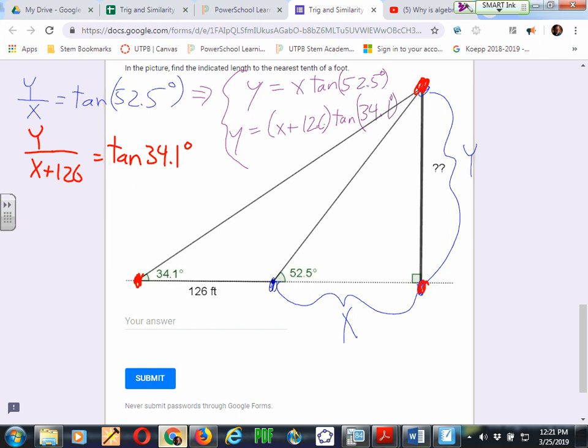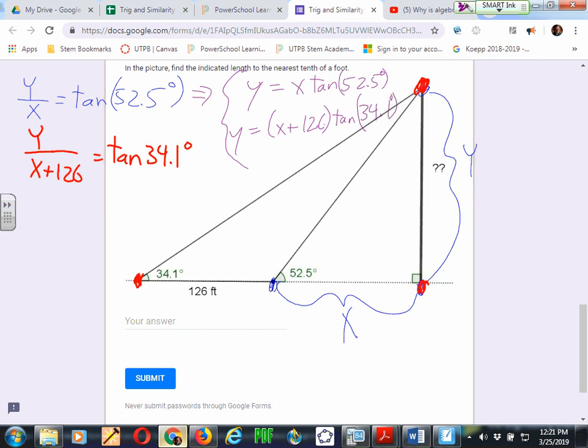If I distribute, the slope is the tangent of 34.1, and the y-intercept is going to be 126 times the tangent of 34.1. I don't need to worry about that, but the bottom line is the only unknown on the right-hand side is x. This is y equals a number times x, or y equals a number times x plus another number. So both of these are linear equations.